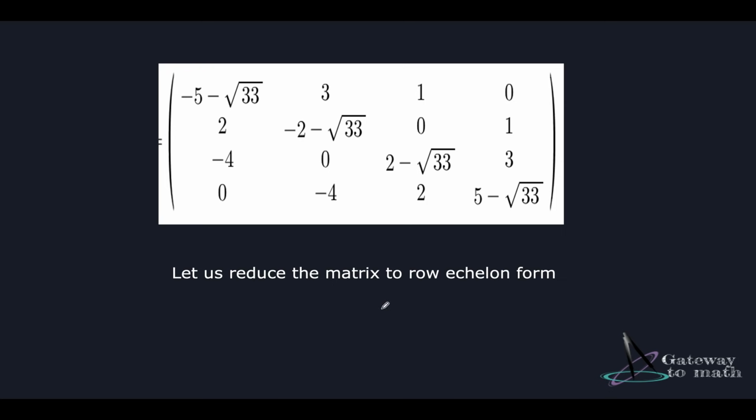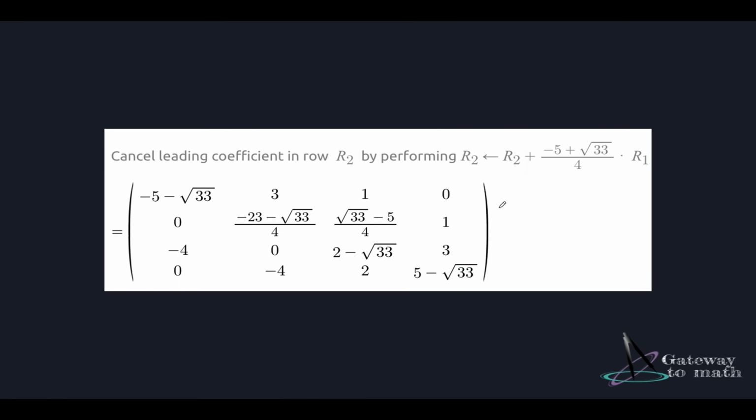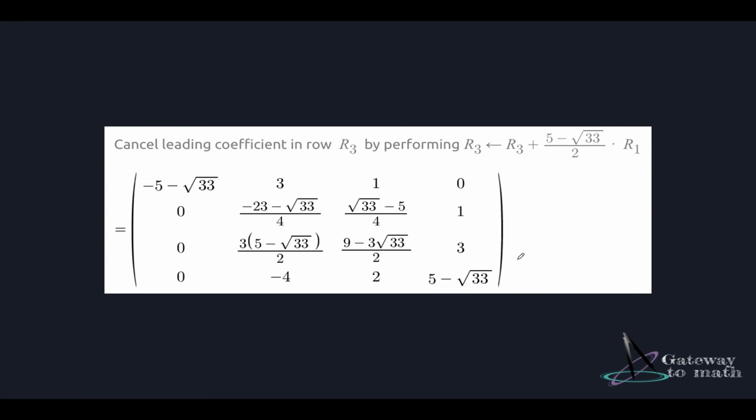Let's bring this matrix in row echelon form. So the first operation we are performing is R2 plus (minus of 5 plus under root of 33) by 4 times R1, and the value is inserted in R2. So R2 equals 0, (minus 23 minus under root of 33) upon 4, (under root of 33 minus 5) by 4 and 1 respectively. Let's move forward.